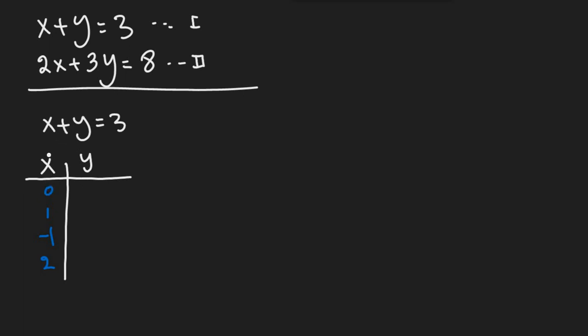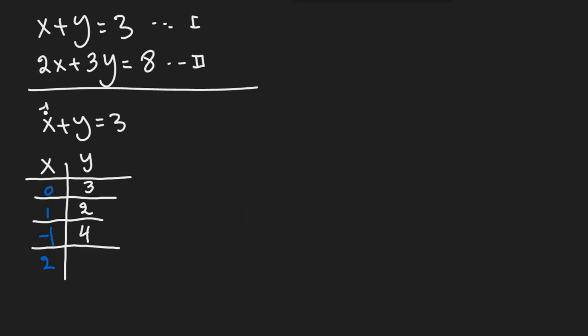For example, if x is 0, y is 3. If x is 1, we switch it to the other side, it's minus 1, y is equal to 2. If x is negative 1, if we switch it to the other side, it's going to be positive 1. 1 plus 3 gives us 4.